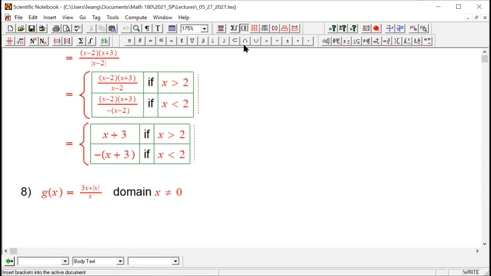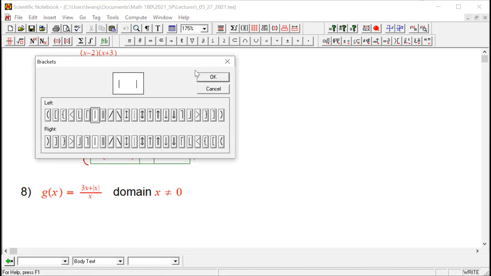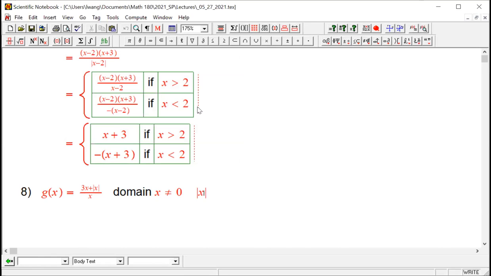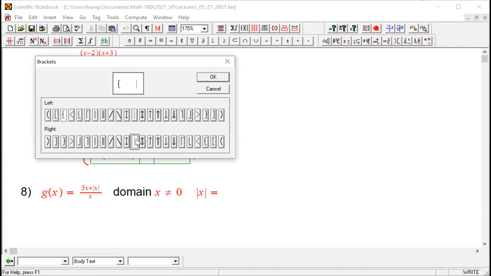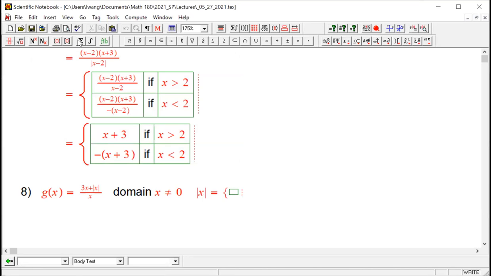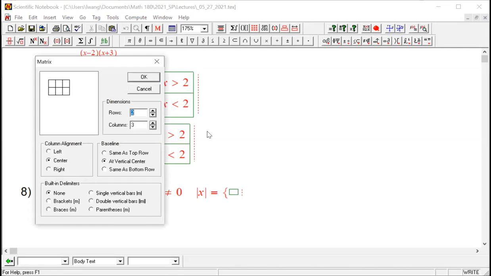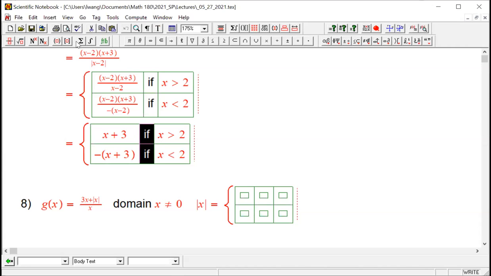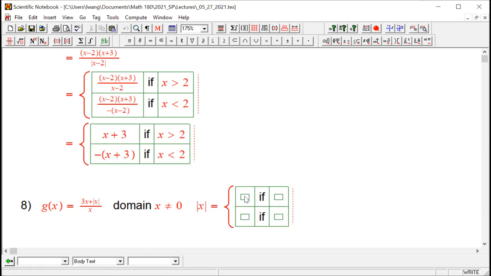And the absolute value of x, we have those two branches, those ifs.